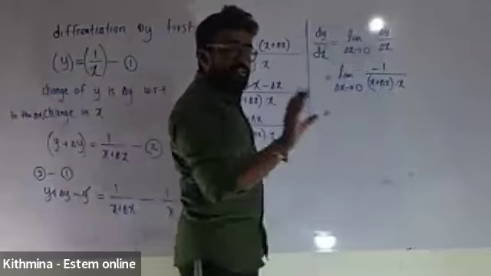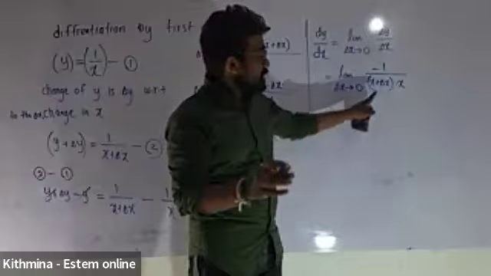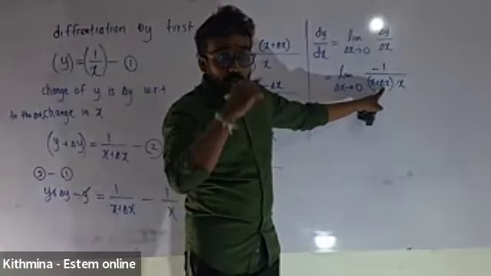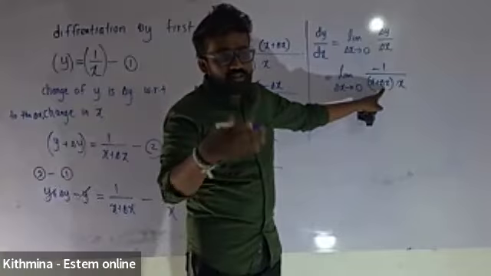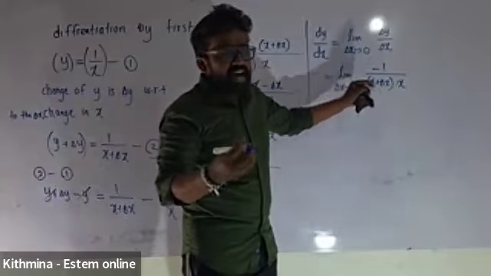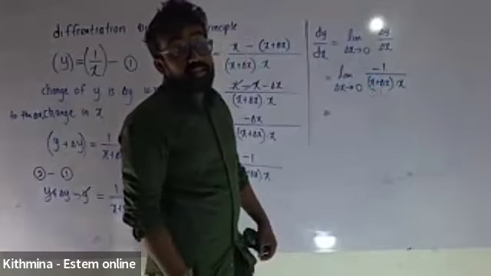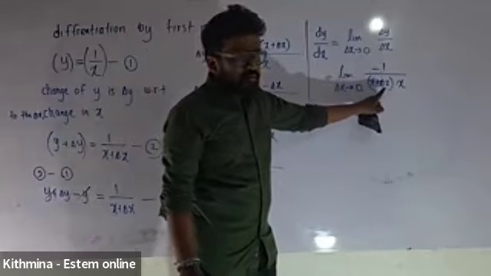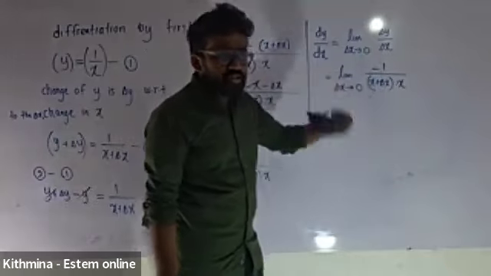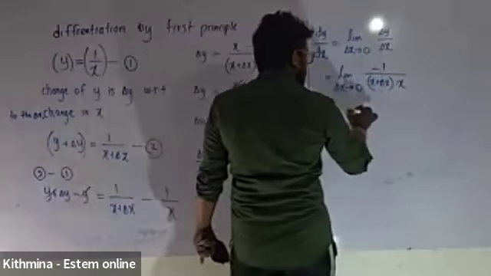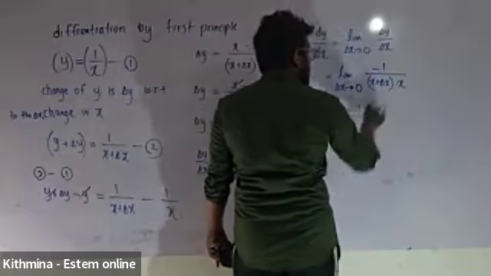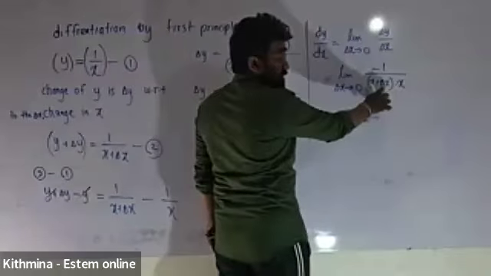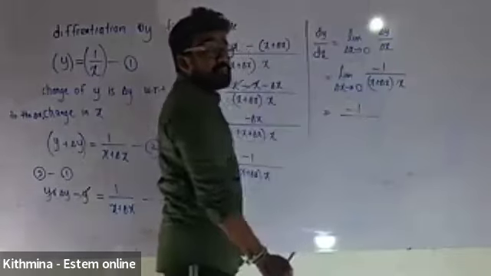In here, there is no issue of substituting 0 for delta x because it's not going to infinity. It does not give any undefined expression in mathematics. If I substitute 0 for delta x, the answer is minus 1 over x plus 0, which is x, but it should be multiplied with x.